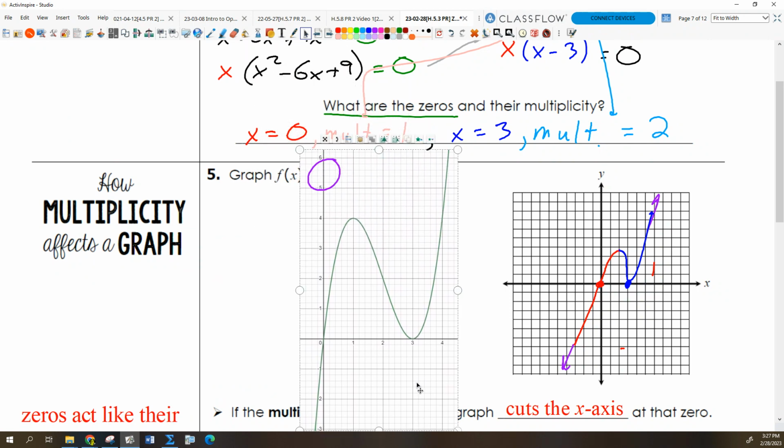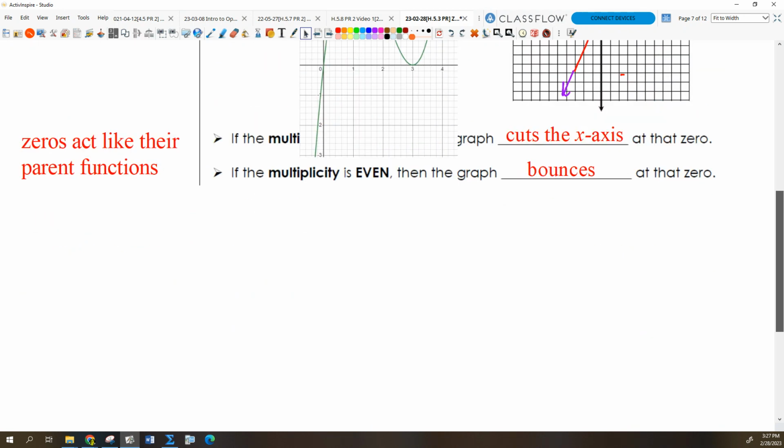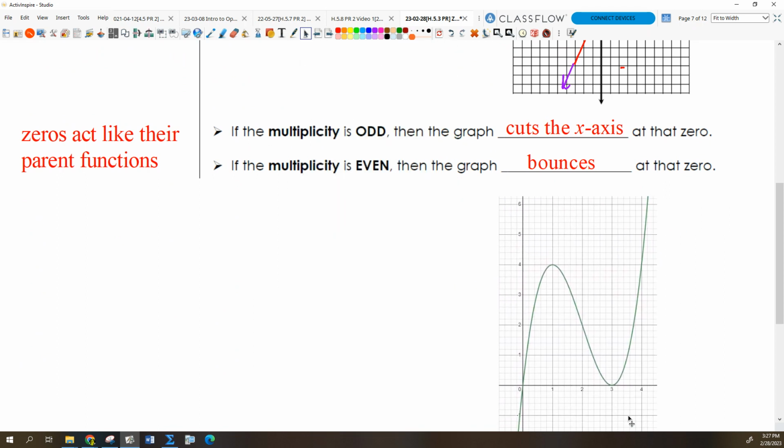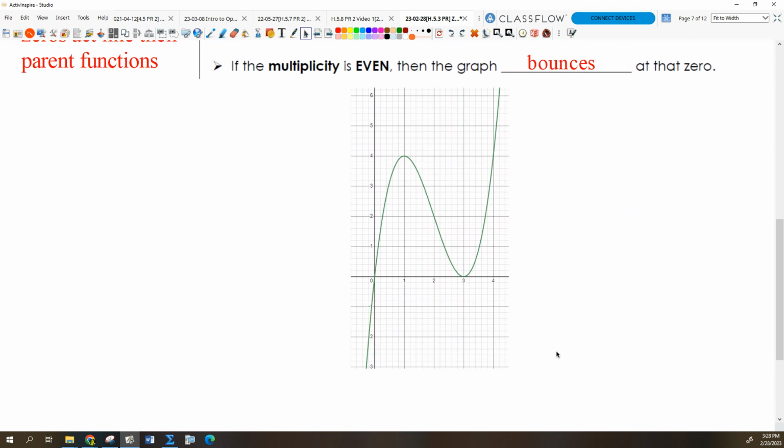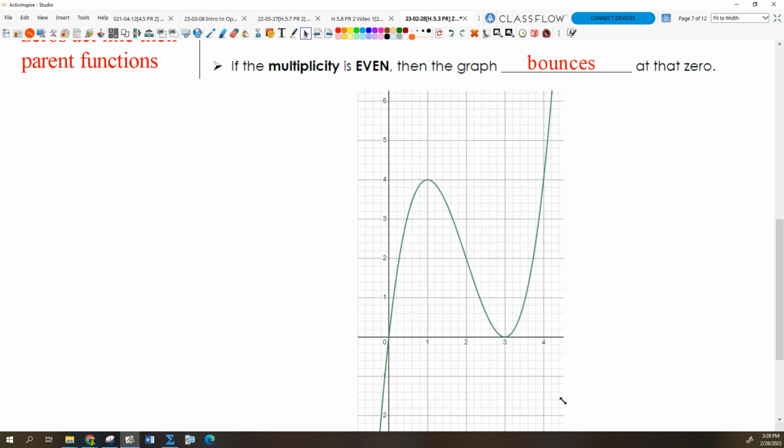There's the actual graph. Here, I'll put it down at the bottom of the page, so it'll be in your notes.